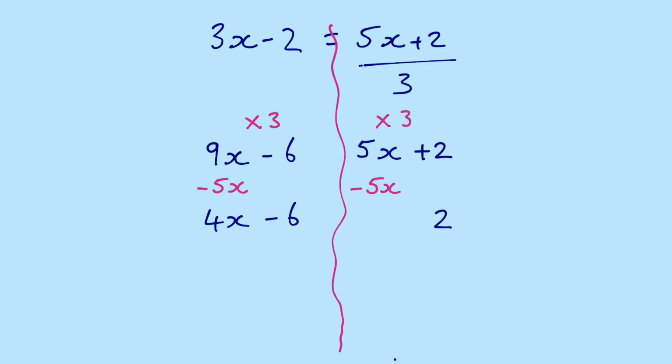Now I want to get rid of the minus 6 on the left hand side, so I will add 6 to both sides. And that will leave me with 4x on the left hand side and 8 on the right. And then my final step is I will divide the 4x by 4. So my final answer is x equals 2.